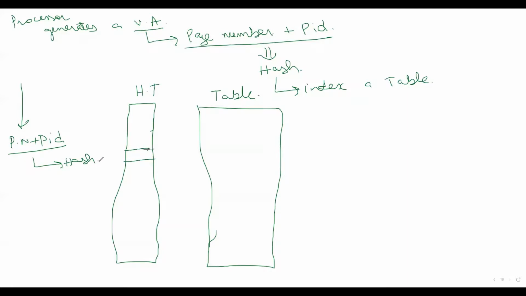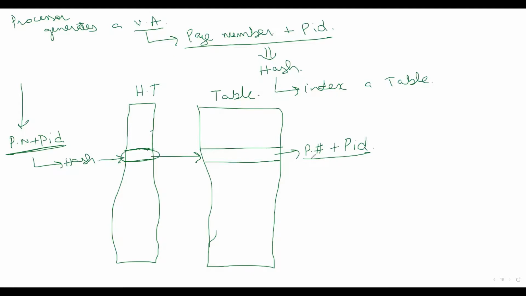Let's suppose it is pointing here, so it will point to one entry in this table, and the entry of this table will contain page number plus process ID. Now see, we are giving the input as page number and PID, and the output is also page number and PID. So it doesn't make any sense.